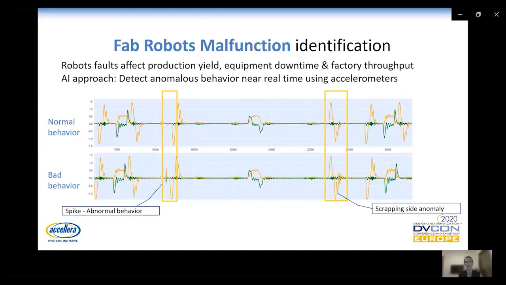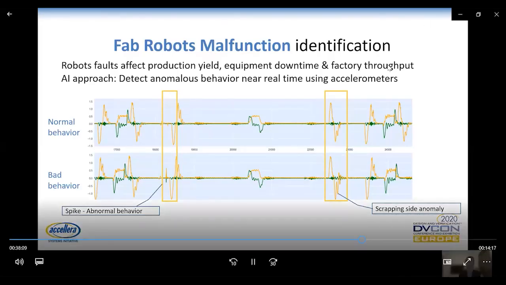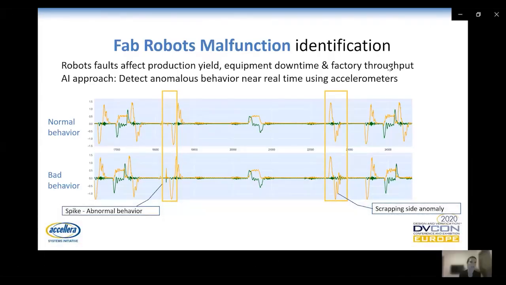One of the problems is to identify it too late, once we already have some defects, after the fact. So the idea is to identify it as early as possible, perform the maintenance or understand what is the problem with the machine, fix it, and make sure it won't affect production yield.